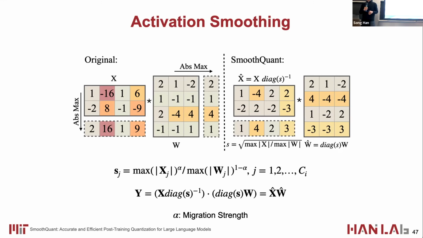Activation has different max values, right? So the way we do it is here. Activation has different values, but we use a calibration data set that maybe has a subset of the sentences in the training data set, and you use those to calculate the abs max to collect those statistics offline, and then use that offline collected statistics as the calibration to define this vector.